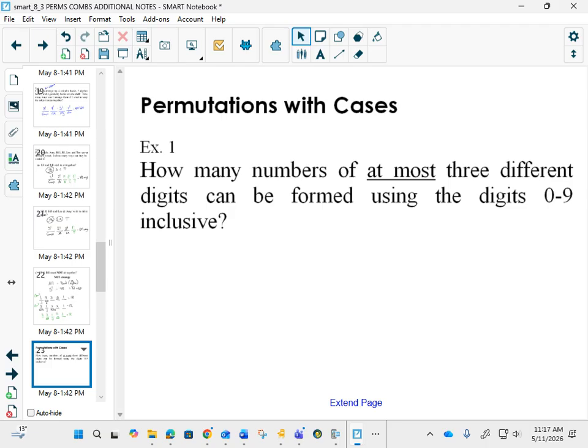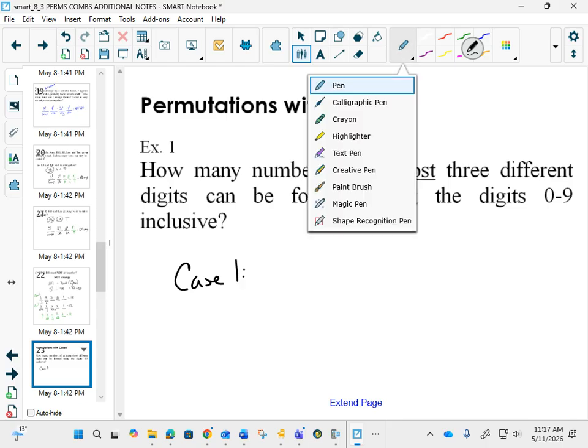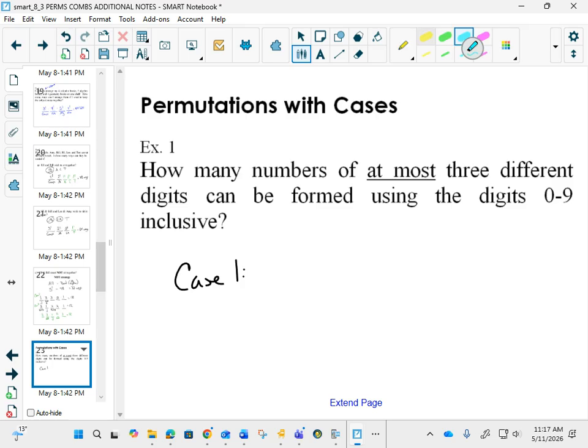We could have thought through every situation where Jill could sit and count those and then add them all up. That's the idea of cases. And the way that we show our work is we break it up and write out case 1 and explain it. This is going to be a cases question because of the wording right here where it says at most 3 different digits.